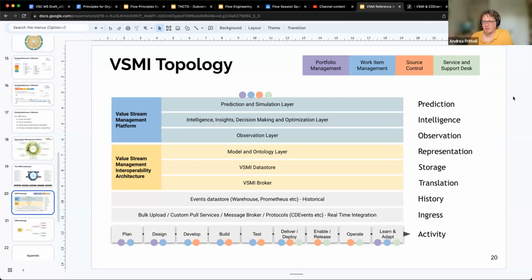So, for instance, Fidelity, which is the first CDEvents adopter, they have a similar approach where they receive all events from the different tools. Well, from Jenkins, that's the core bit that runs activity in their environment. But they collect all these events in what they call an evidence store.